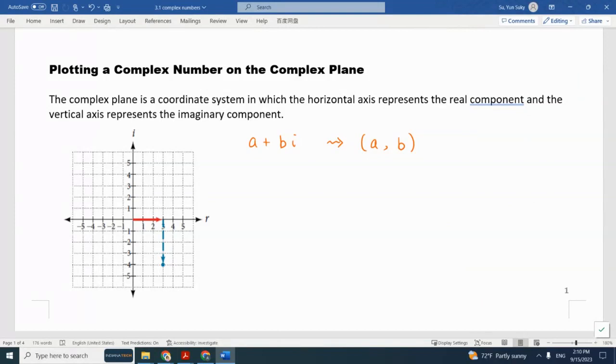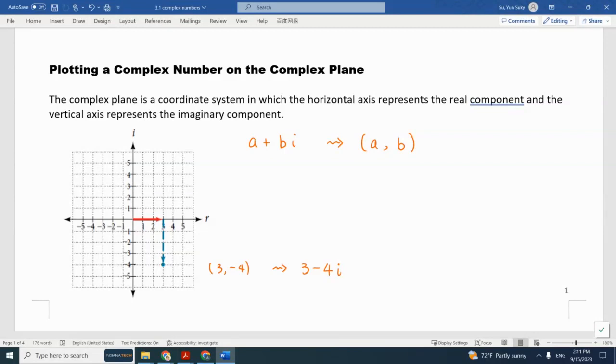That's why, can you tell me what is this number? What's the coordinate of the point? 3, yeah, 3, -4. So it corresponds to 3 minus 4i. Is that okay, everybody?